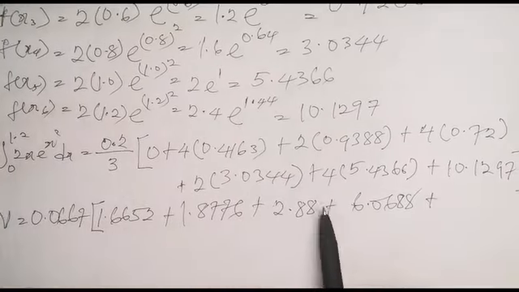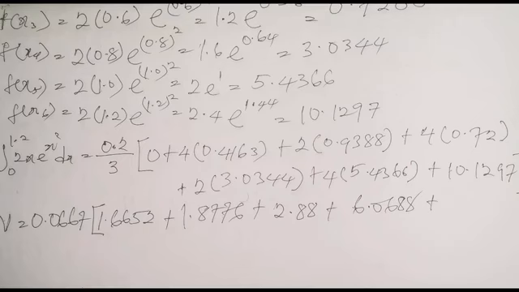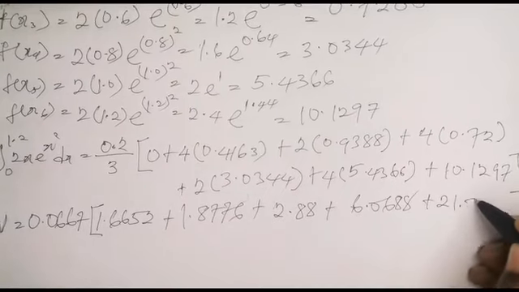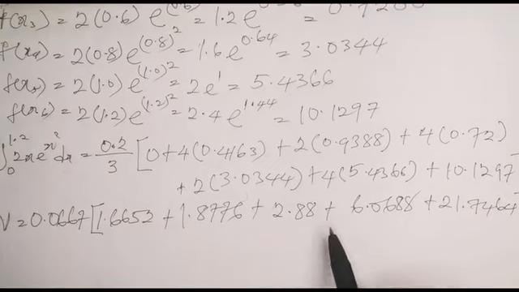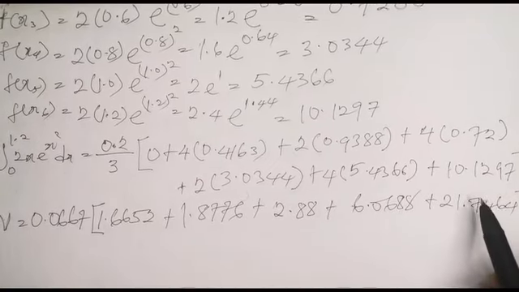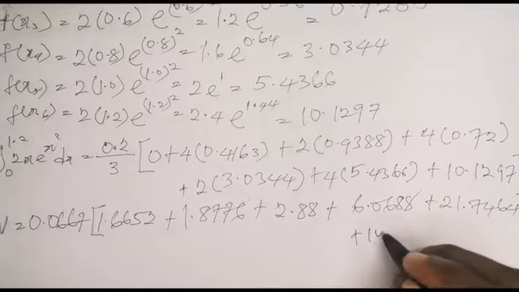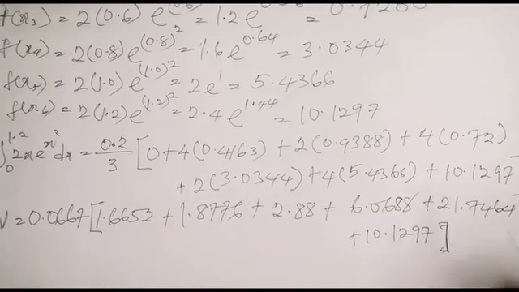Next we'll find 4 times 5.4366. So that simply gives us 21.7464. And finally, we'll pull down plus 10.1297. And you have this.